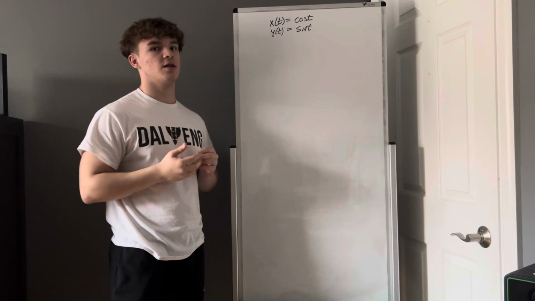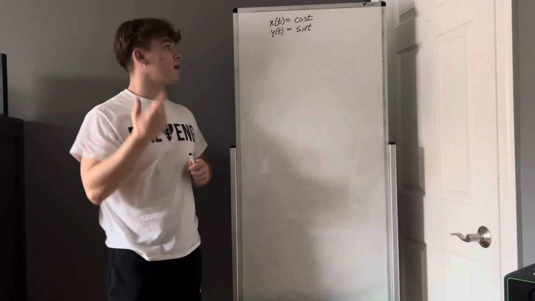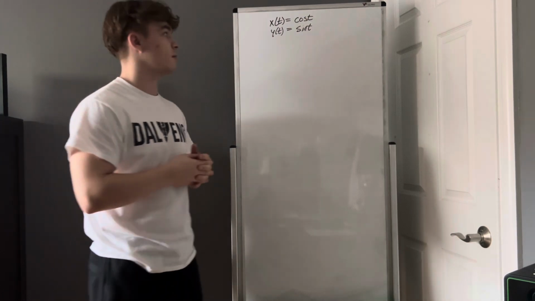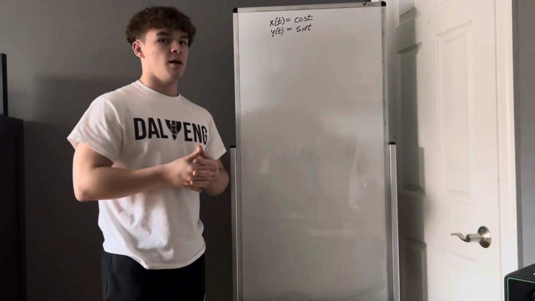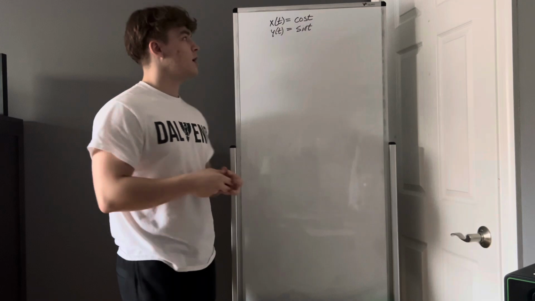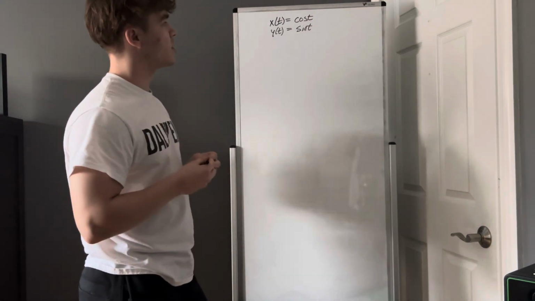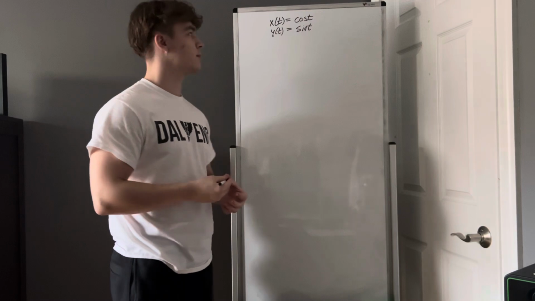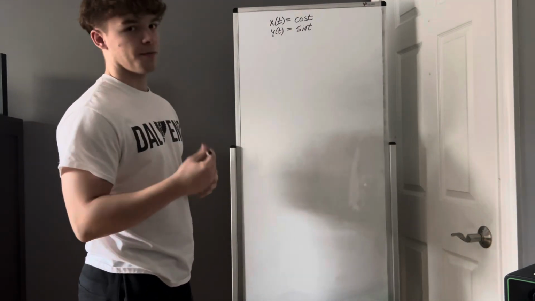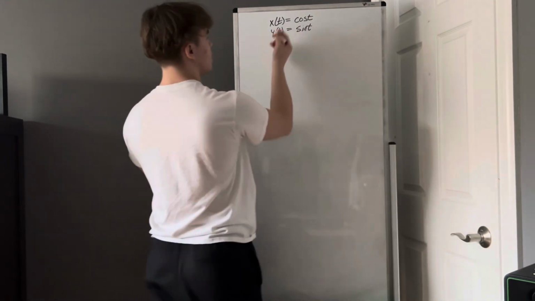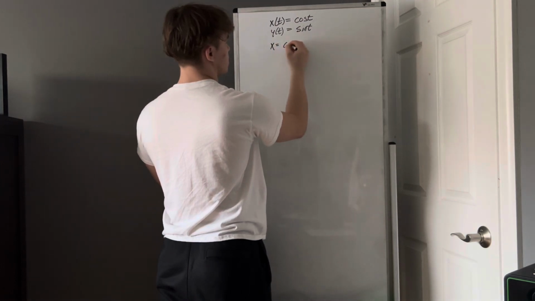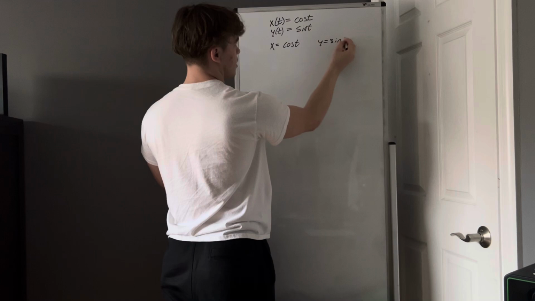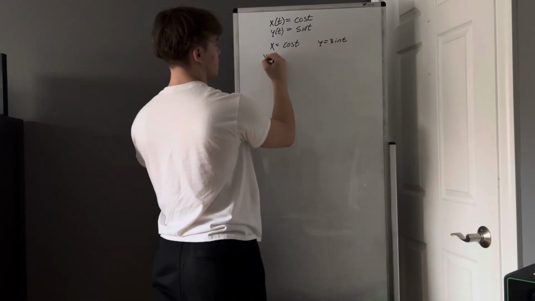This is very interesting. Now what we're going to end up using is a trig identity, specifically your Pythagorean identities. But you might notice these are actually the parameters for the unit circle. So let's put them together. If we let x equal cos t, which it already does, and y equals sine t, we can square both sides on the x.